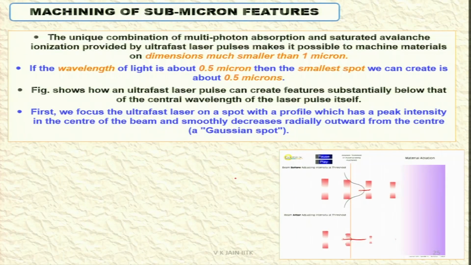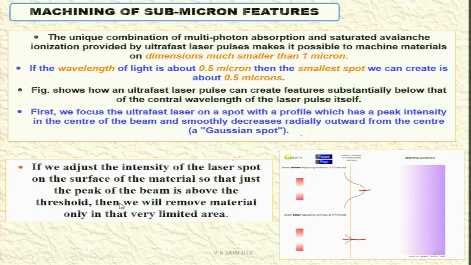It smoothly decreases rapidly outward from the center, that is a Gaussian spot. If we adjust the intensity of the laser spot on the surface of the material so that just the peak of the beam is above the threshold, then we will remove material only in that very limited area.